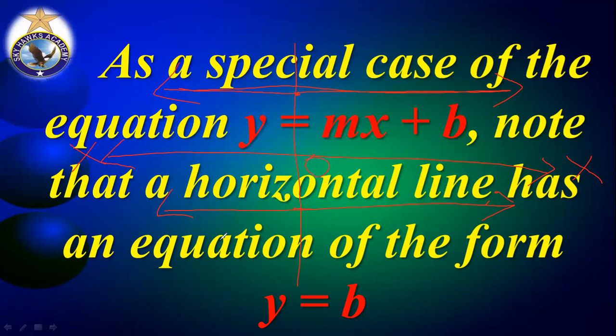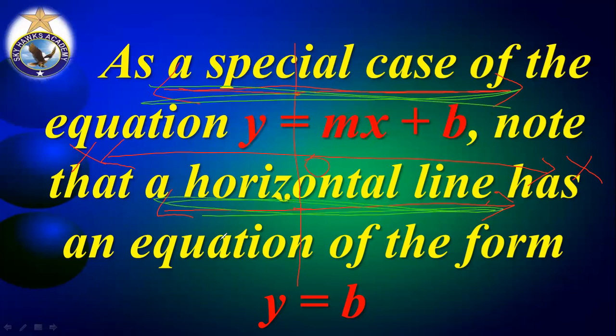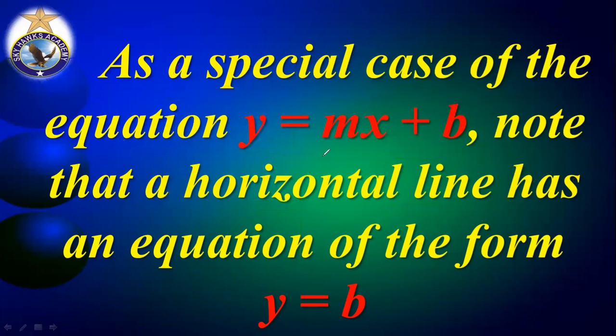Are you getting this? So these are the two lines. If b is positive, that will be this one. If b is negative, this will be this one. I'm sure it's clear now how to get the parallel line to the x-axis.